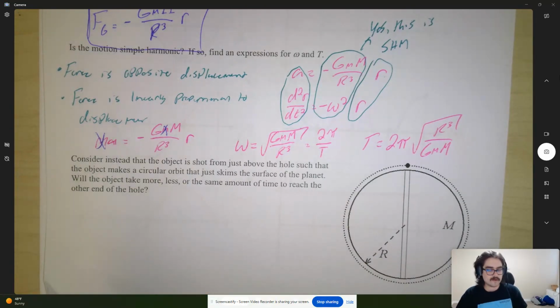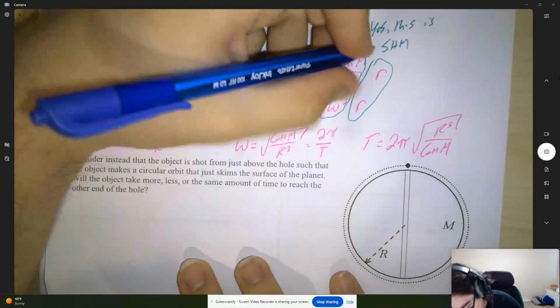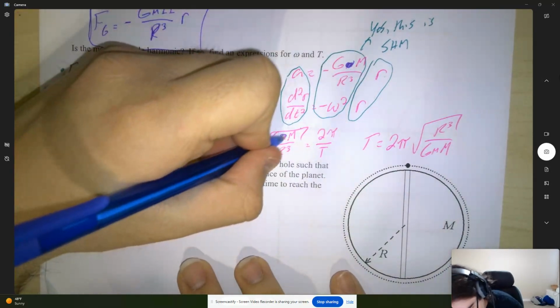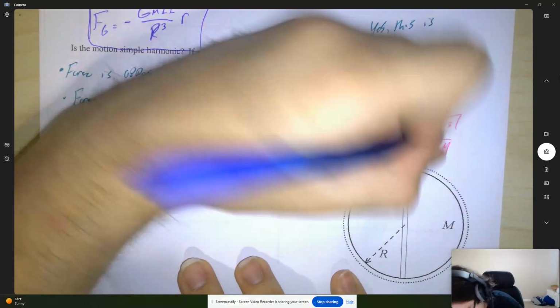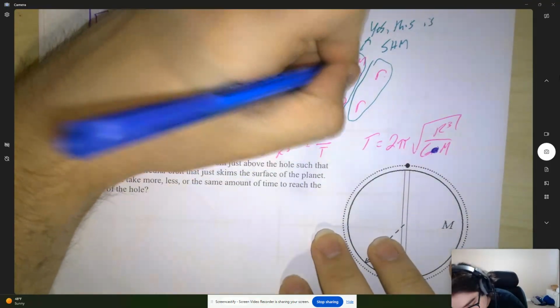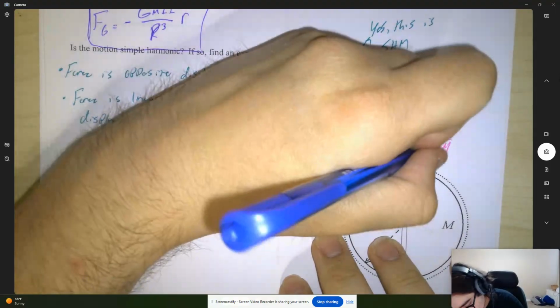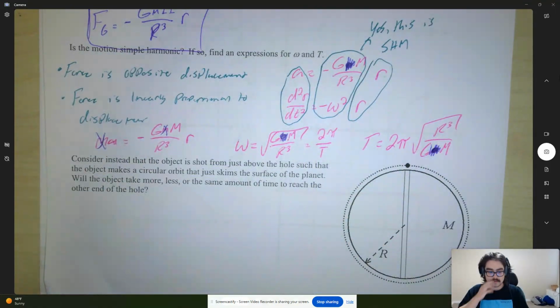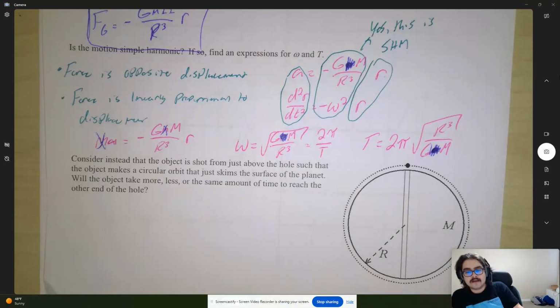I don't know why I carried the big M and little m throughout, even though I canceled the little m out. So just ignore that part. I messed up a little bit there. So there's the period equation.